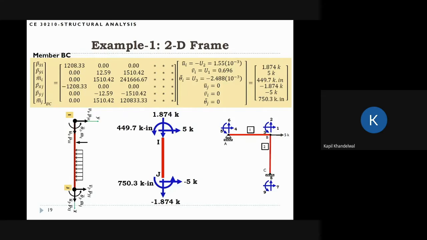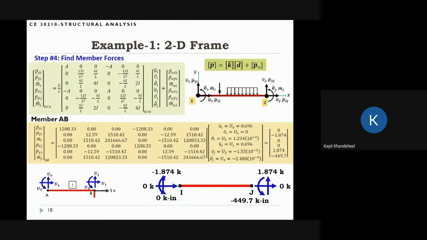One important thing I want to add here is that in this case, the member forces were 0. So this PO vector was 0, but in other cases, we'll see that the member forces will be there, so we have to add this contribution also. We'll see in later examples when this happens. But for this example, the fixed end force contribution was 0.